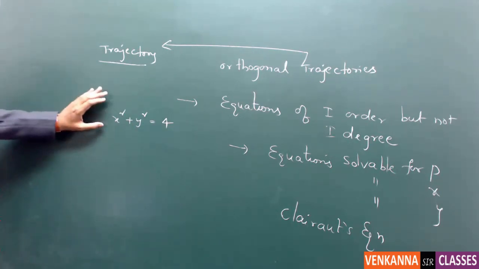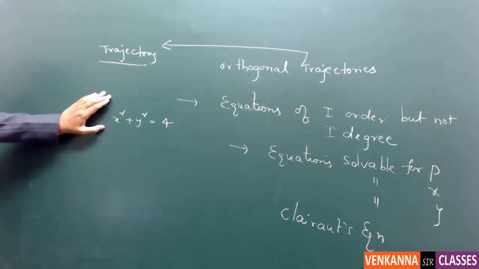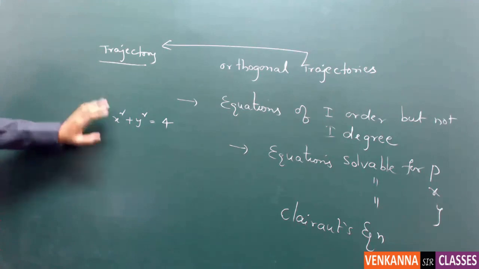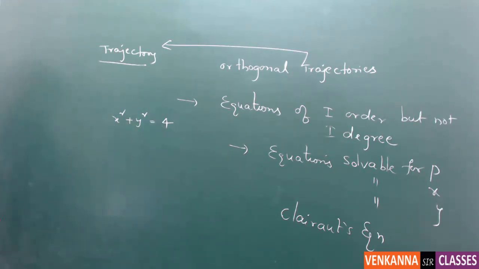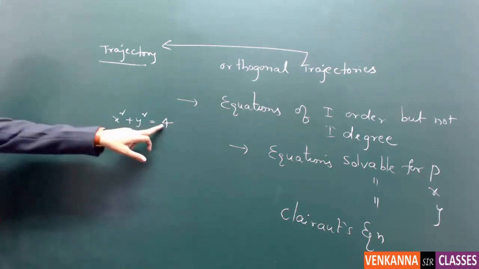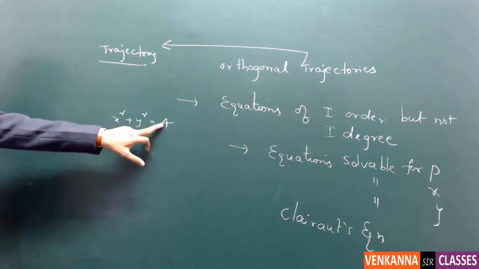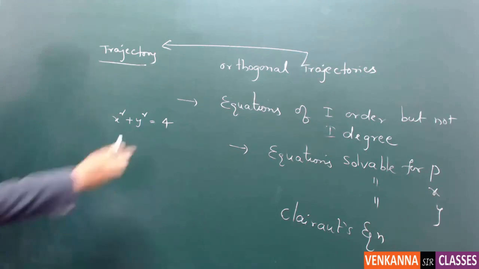So what is the picture of this equation if you draw it geometrically? The circle of radius 2. Accepted? Fine.